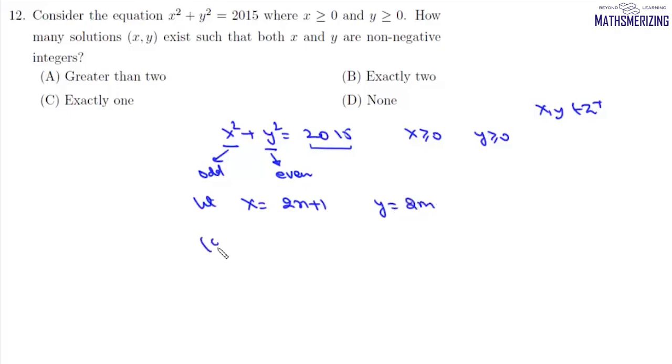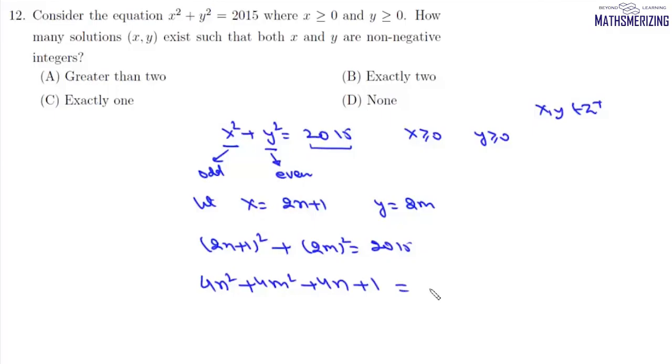So we can write this as 2n plus 1 whole square plus 2m whole square, and it'll be equal to 2015. So it'll be 4n square plus 4m square plus 4n plus 1, and it'll be equal to 2015.